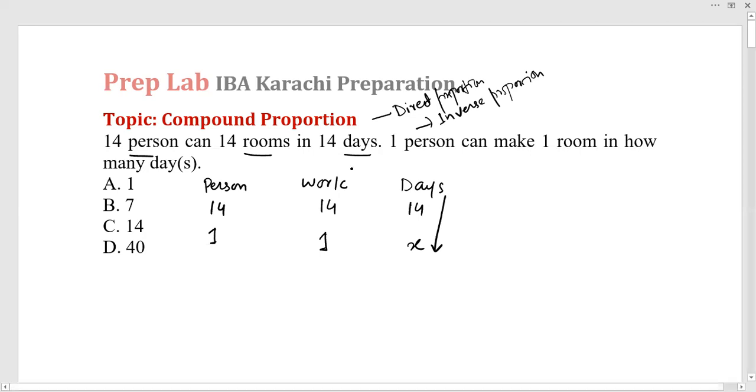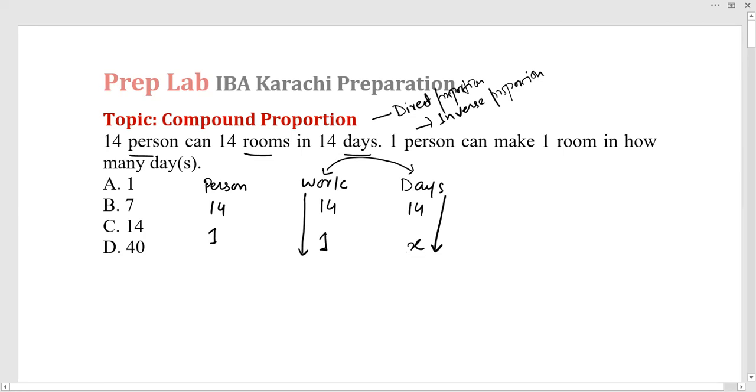First, what is the relationship between days and work? When work increases, the number of days to complete it also increases. When work is less, fewer days are required to complete it. So work and days will always be in direct proportion. If it's direct proportion, then the arrow should be this way.